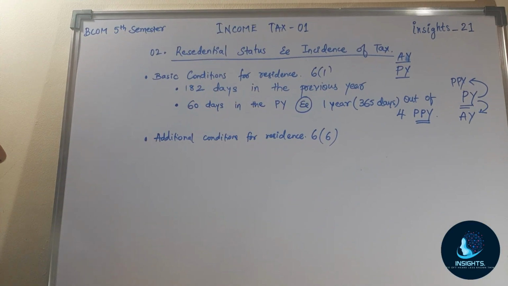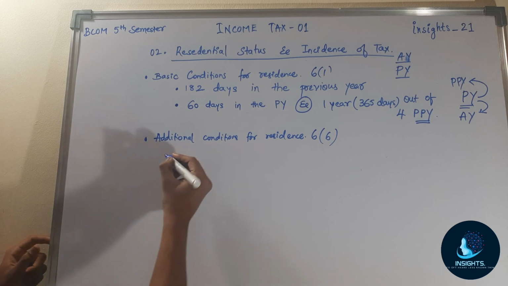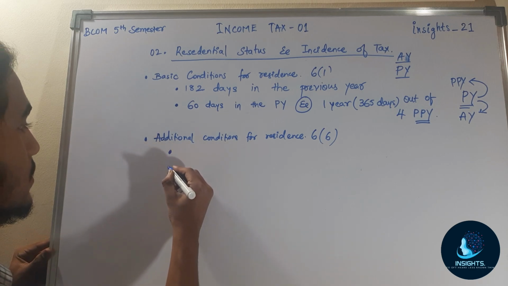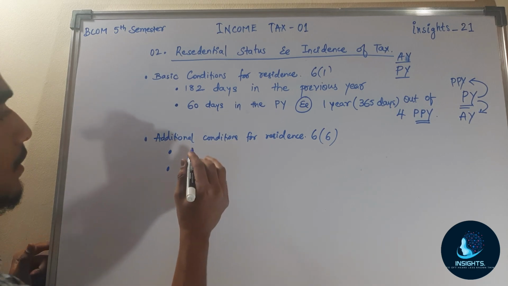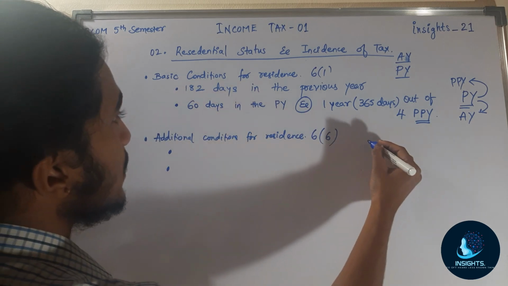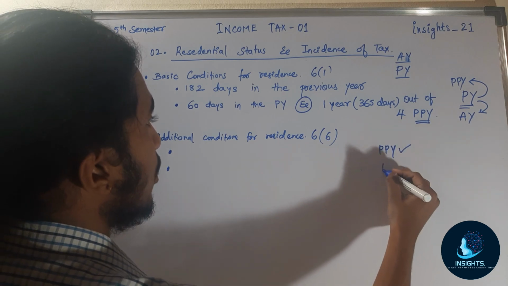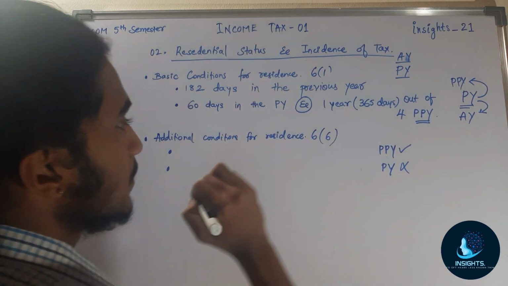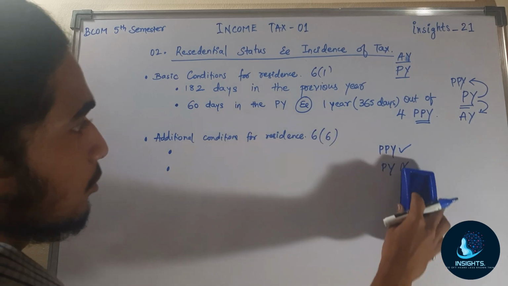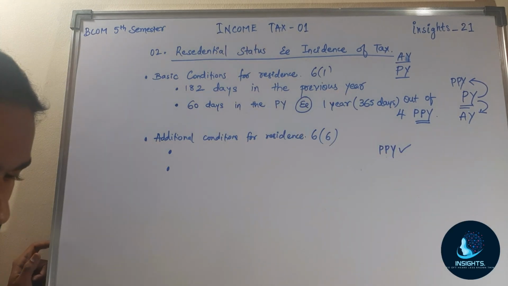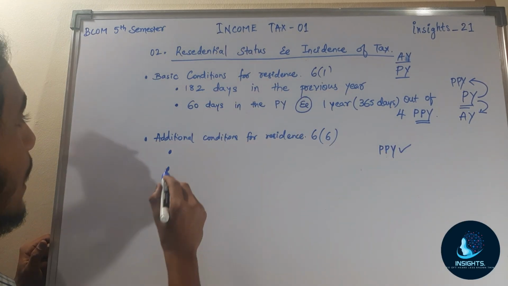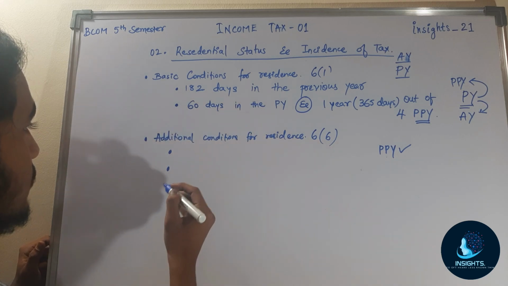As I said earlier, additional conditions for residence are discussed under section 6(6). The two main additional conditions only deal with preceding previous years and not previous years. I'll keep only this on the board so that you have more clarity. Additional conditions for residence are as follows.